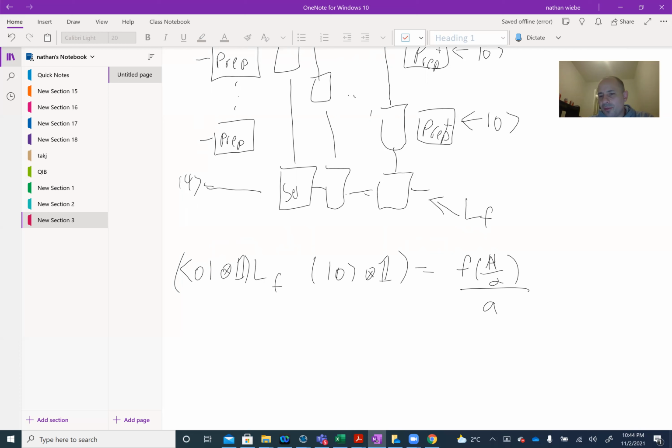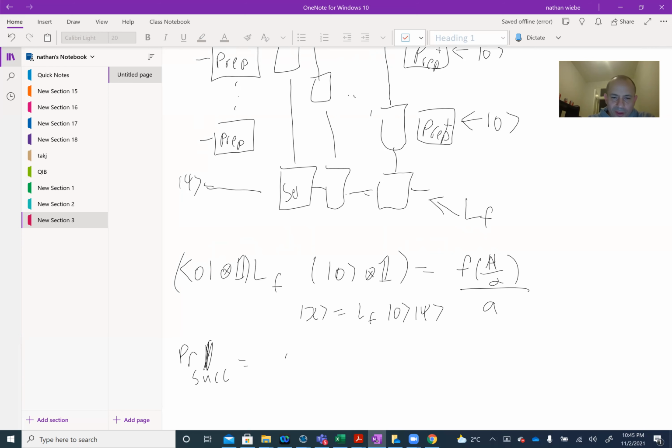We can also see that this will end up giving us an expression for the success probability. We've worked this out before, but let's just go through and figure it out. The probability of success is equal to the probability of measuring all zeros on the output, given that we have a state chi, which is equal to LF acting on an initial state, 0 psi.